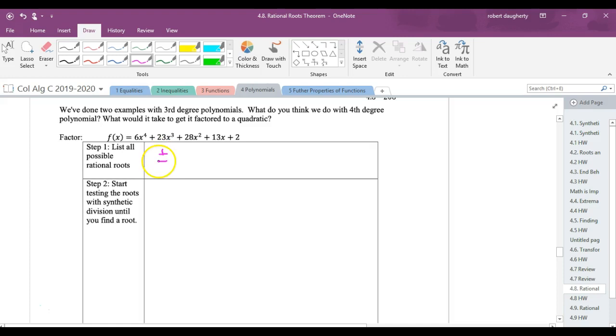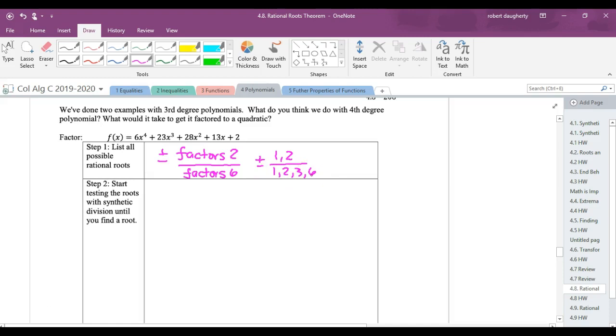So it's plus or minus the factors of what number? Yeah, the factors of 2 divided by the factors of 6, okay? So this is plus or minus 1 and 2 over 1, 2, 3, 6.